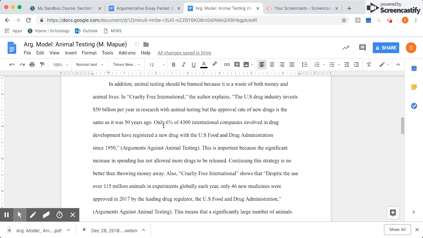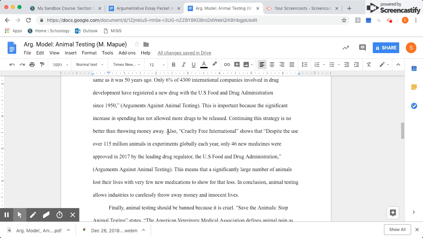This is a very small number based on a ton of money. So increased spending doesn't lead to more drugs being released. Okay? So that's what it literally means. Now, why does it matter? Continuing the strategy is no better than throwing money away. So why should we care? Because it's wasteful. It goes back to this, wasting money.